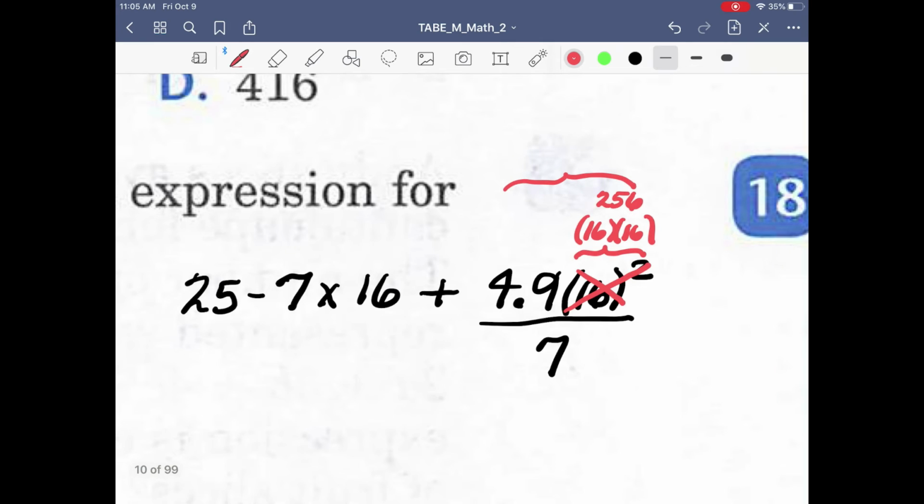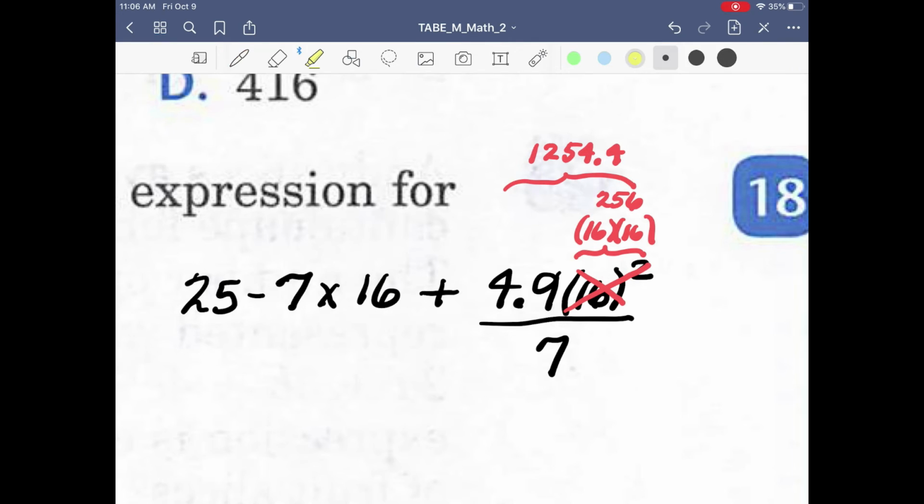And this is another thing that makes this one a little hard. These numbers are pretty large. It's one thing if you're dealing with ones and twos, but when you get into 1254.4, that is a little bit more of a challenge. So I did 16 to the second power, and then I multiplied that number by 4.9.